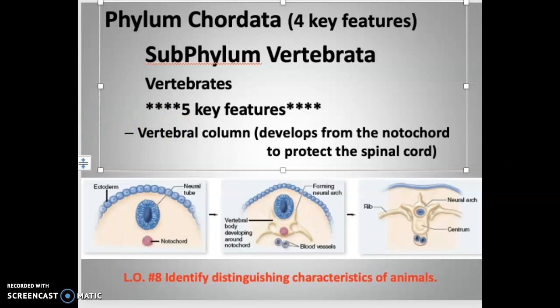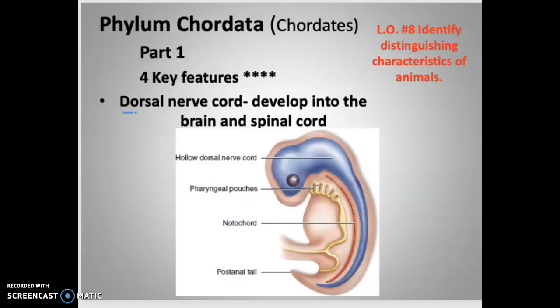So let me jump back up just briefly. Okay, so again, let's go back here. Here's your nerve cord. This blue here, this becomes your spinal cord. Here's your notochord, the red. And as that develops, as it grows, as we mature, this turns into vertebrae in members of subphylum Vertebrata that protect and surround the spinal cord.